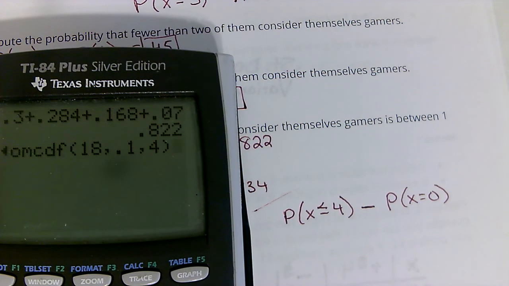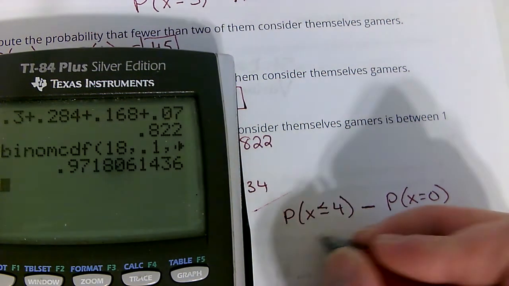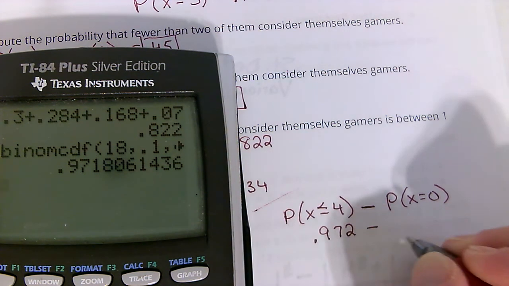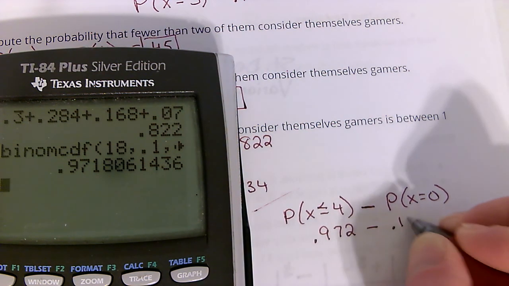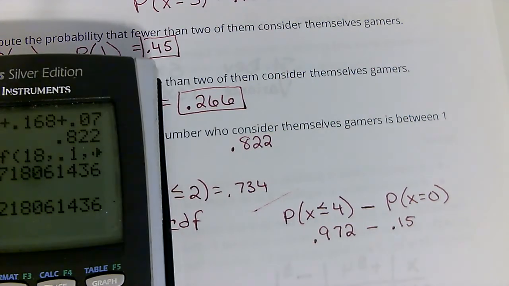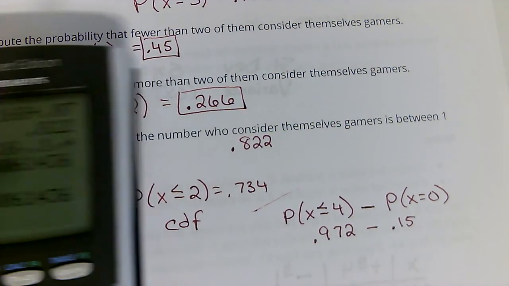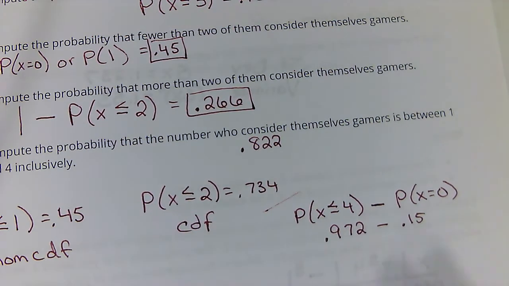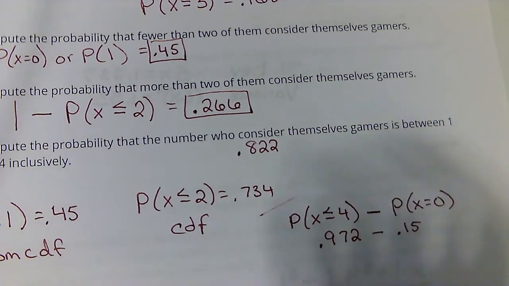Probability being less than or equal to 4 is 0.972, and the probability of getting a 0 is 0.15, so minus 0.15 gives me 0.822. Oh! So there's several ways to find these.